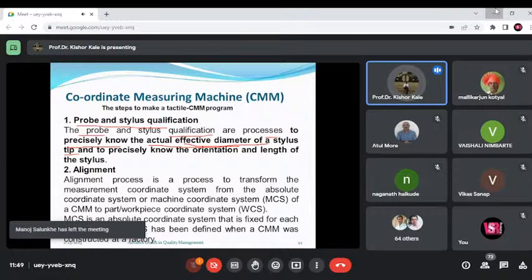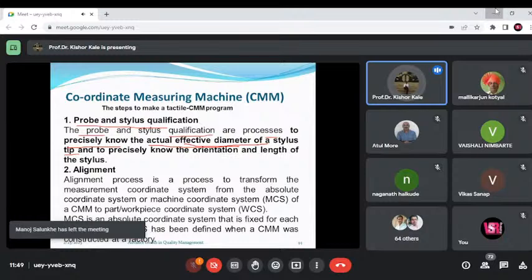Flexibility of parts makes it very difficult to contact the surface with a touch probe without creating an indentation, that detracts from the accuracy of the measurement. So this is one more drawback. If parts are flexible, they will deform. If they deform, then indentation would be created. If indentation is created, then it actually detracts from the accuracy.